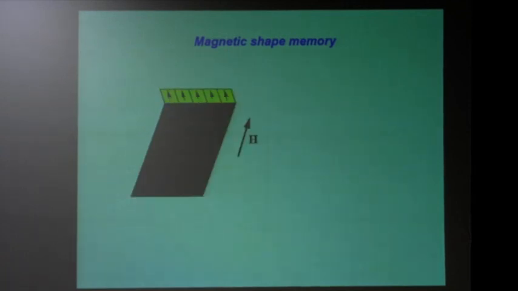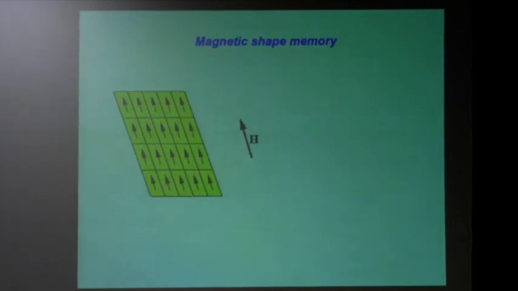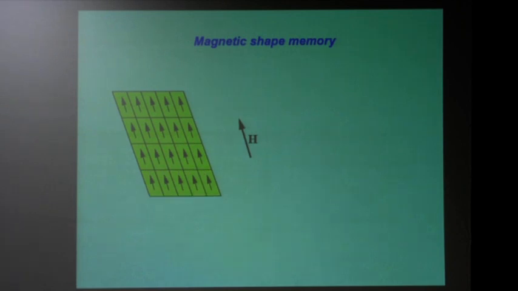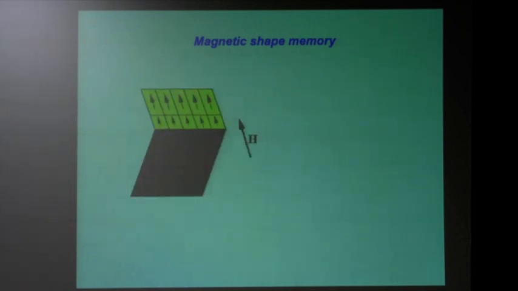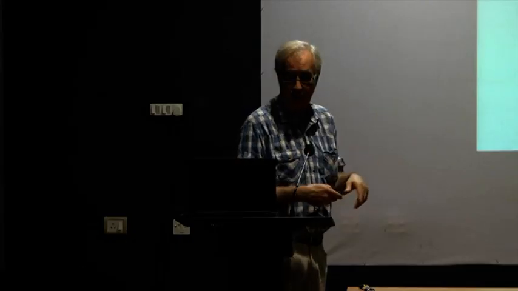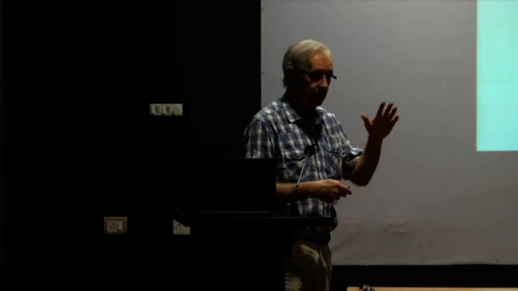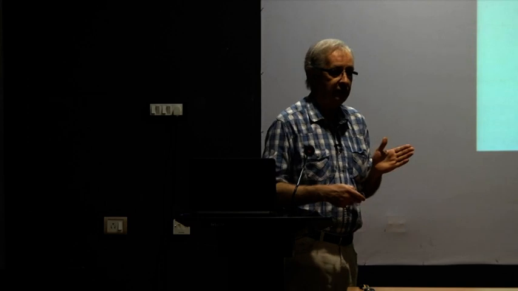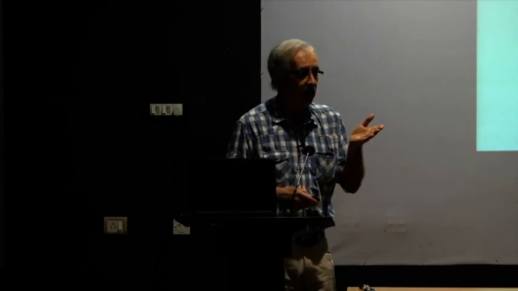So when you're applying a magnetic field to a single variant, what's basically happening is that you're moving around the twin boundaries with the magnetic field. Now, how does that come to happen?